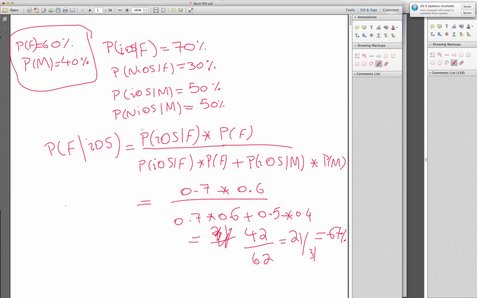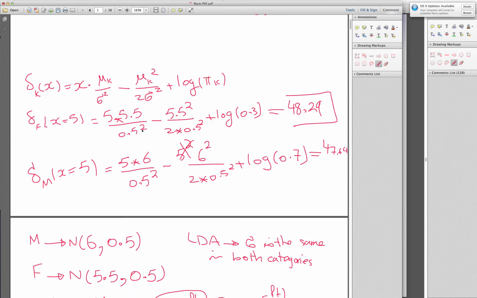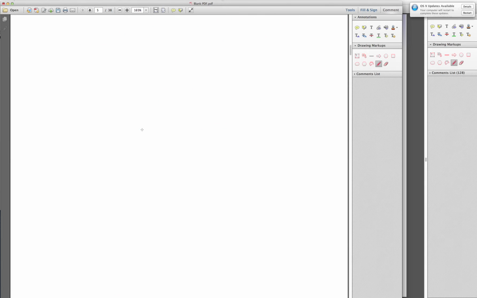Yes, squared divided by 2 sigma squared. It's very hard to work with this mouse when you're writing these things down. Okay, so let me use another one.